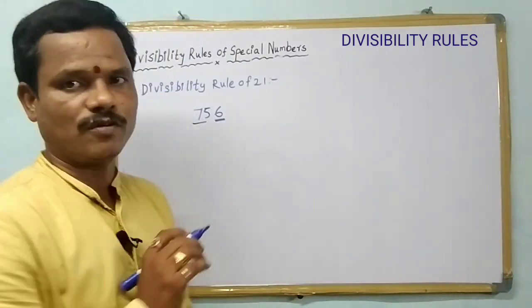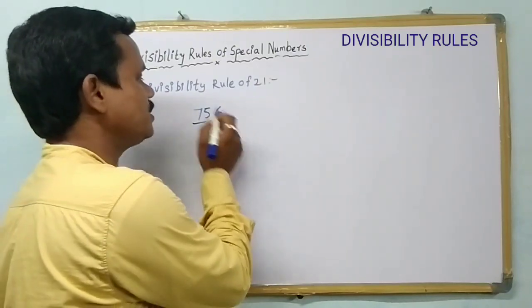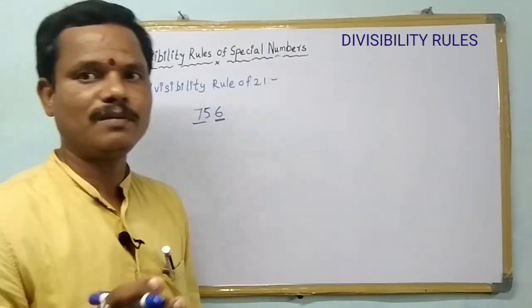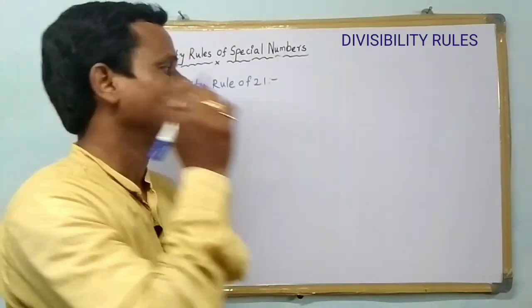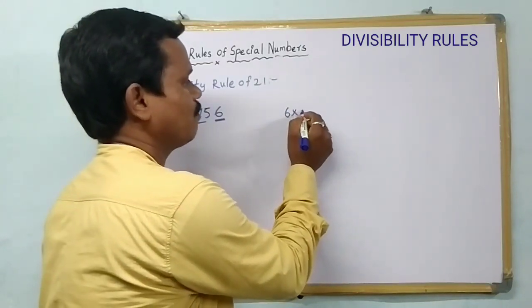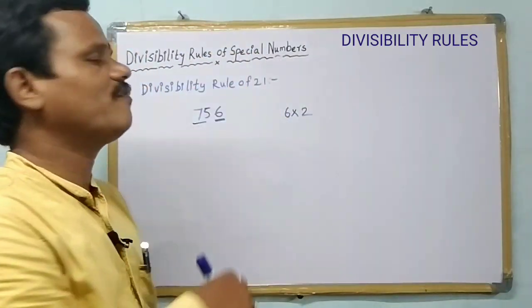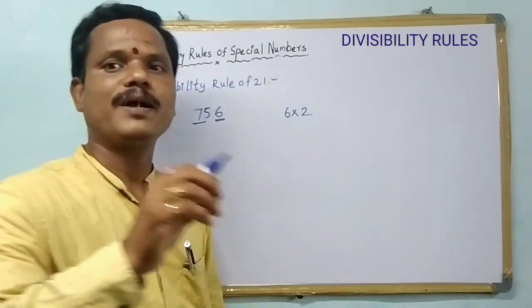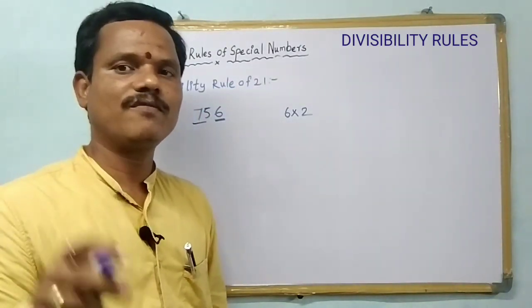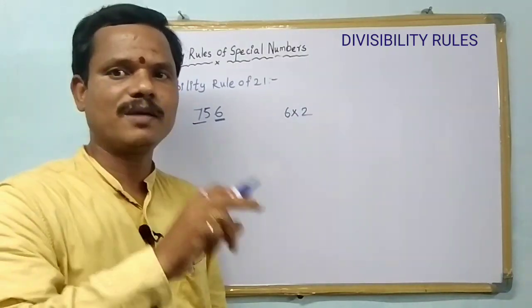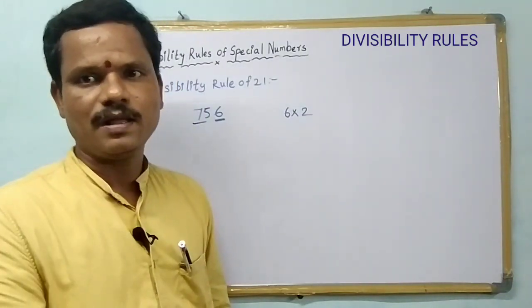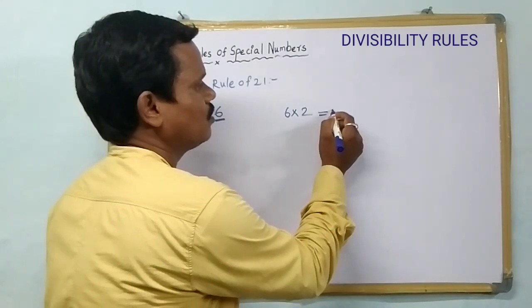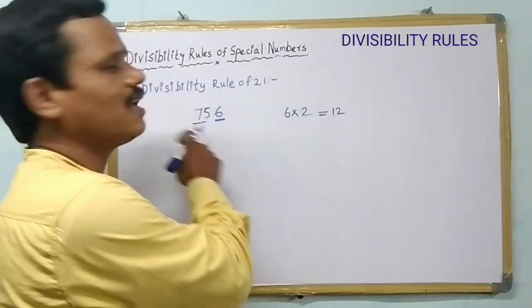Now step 1 is over. Now here the first part number is multiplied by 2. In the divisibility rule of 21, the first part number is multiplied by 2 only. In the divisibility rule of 7 also the first part number is multiplied by 2 only. And the result value is 12. This value is subtracted from the second part.